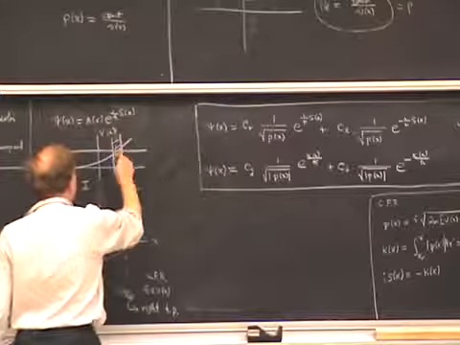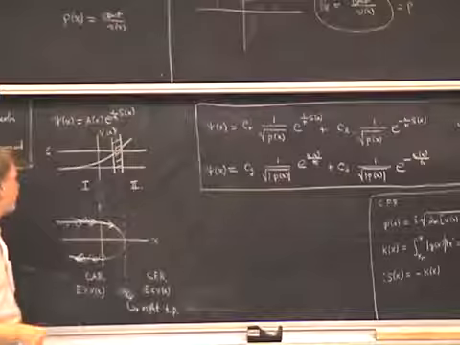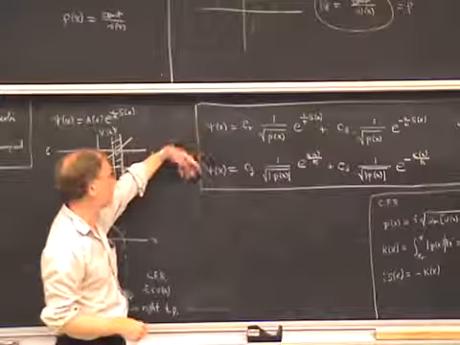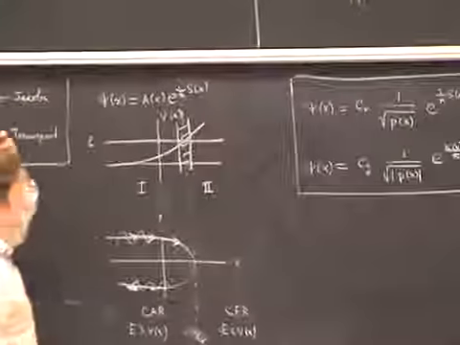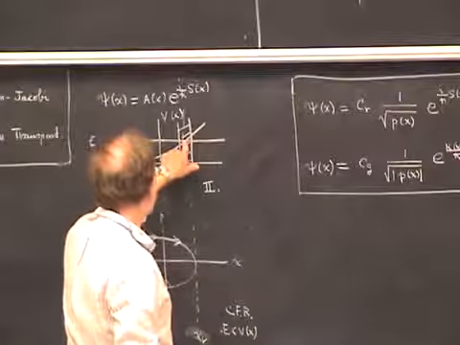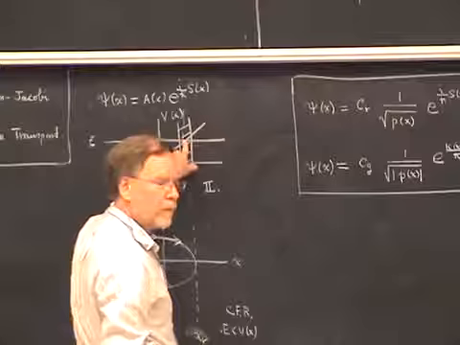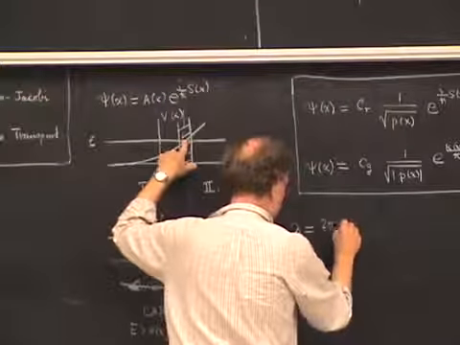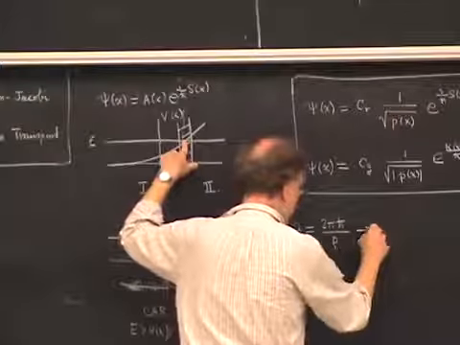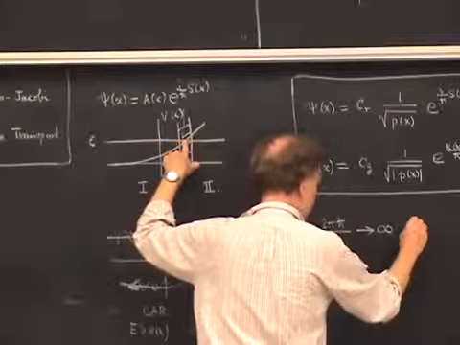In fact, it can be shown that there is some small region around the turning point where both these solutions are invalid. Why is that so? They're invalid there because the velocity and the momentum are going to 0 at the turning point. But remember that the de Broglie wavelength is 2 pi h bar divided by the momentum p, so this actually goes to infinity at the turning point.